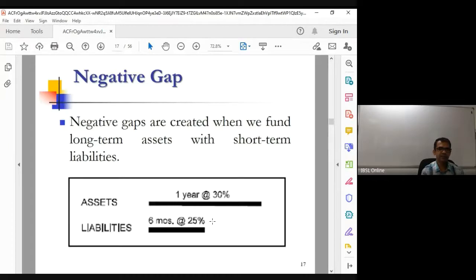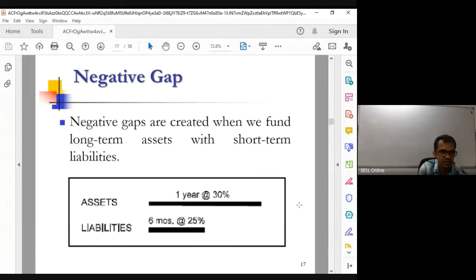After 6 months, you have to generate funds to fund this asset. Basically, meeting this liability means you fund this asset. To do that, after 6 months, you have to create another liability. So this is an example of a negative gap.